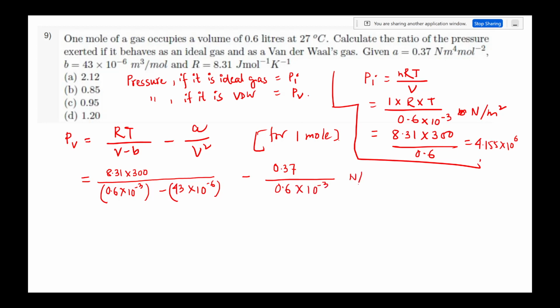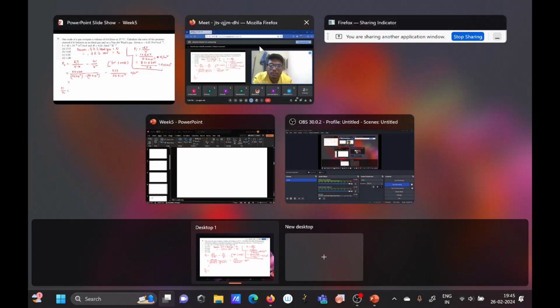This will be Newton per meter square. So we have to calculate the ratio. I have to calculate Pi by PV. Renuka, do it, and others also.